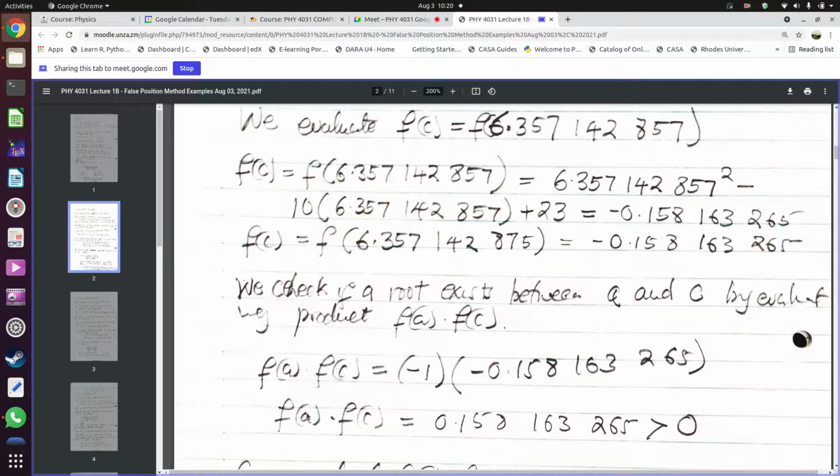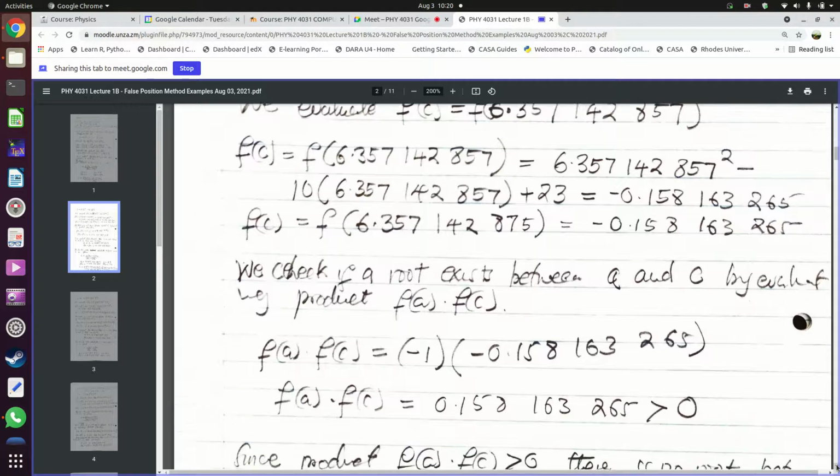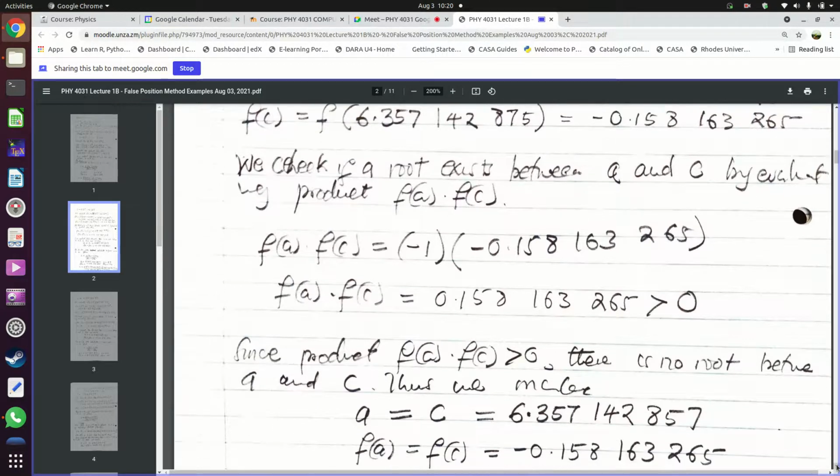So f(A) times f(C) is equal to 0.158163265, which is greater than 0. So the product is positive. If you have a positive product, then it means that between A and C, there is no solution.